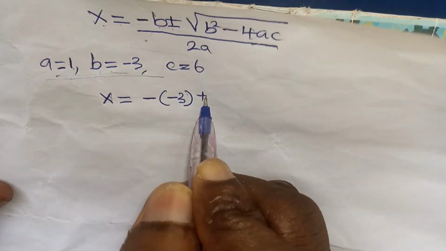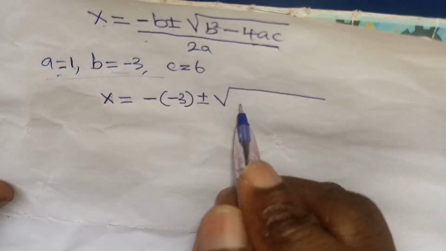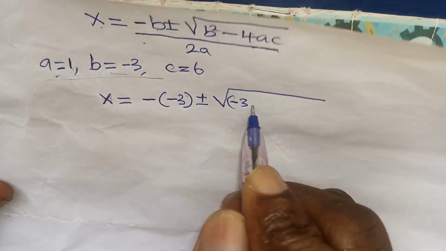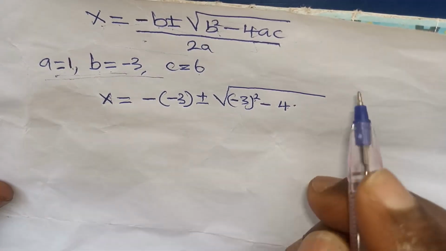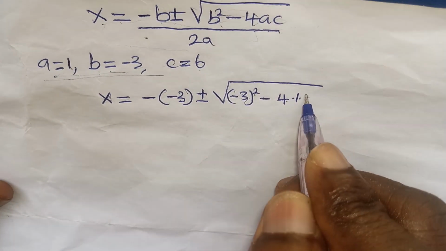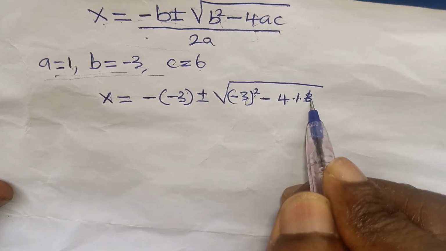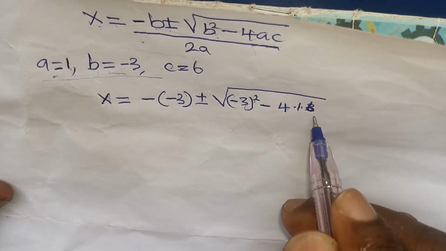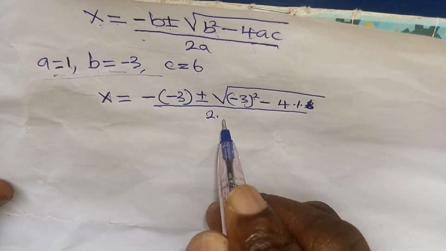So we can say x is equal to minus open bracket minus 3 close bracket, plus or minus the root of, what is your b? So we can say minus 3 all squared, minus 4 times 1 times, no, times 6 rather, because c is equal to 6, over 2 times 1.